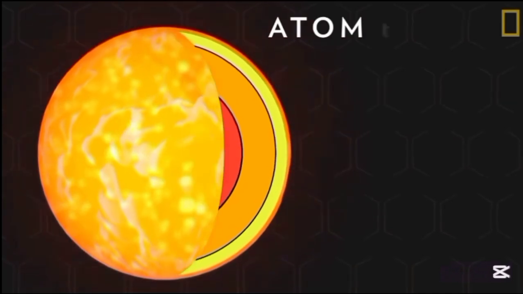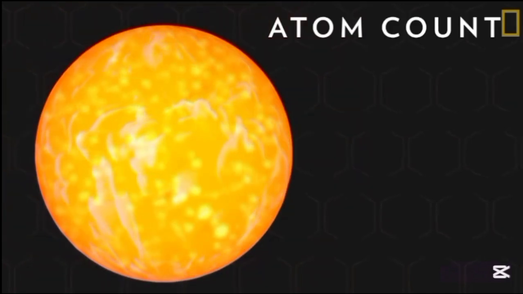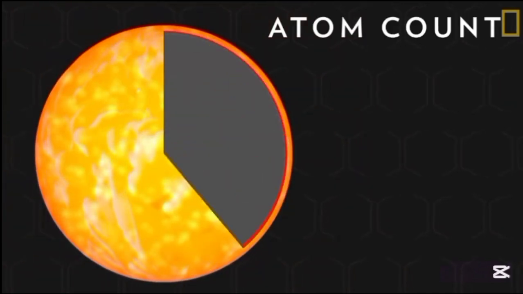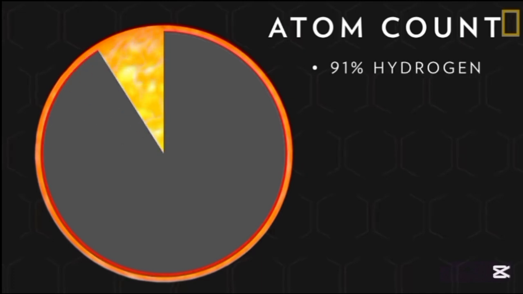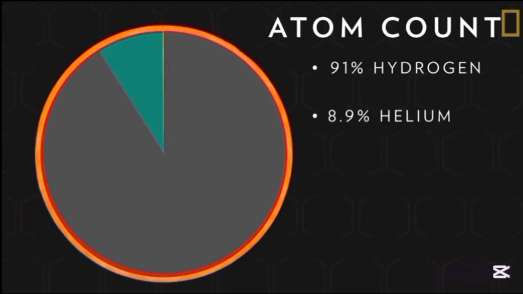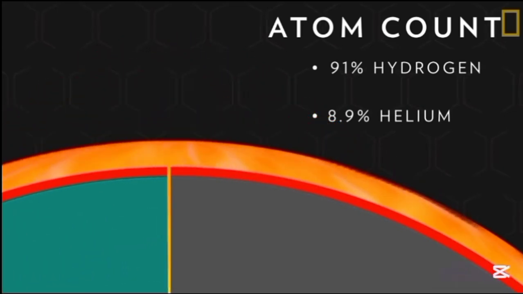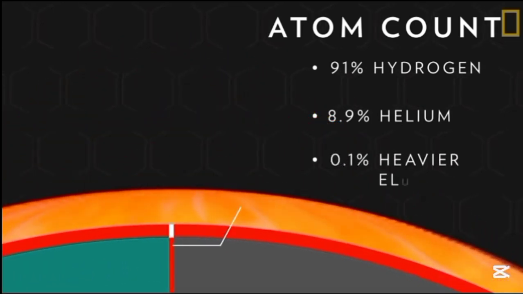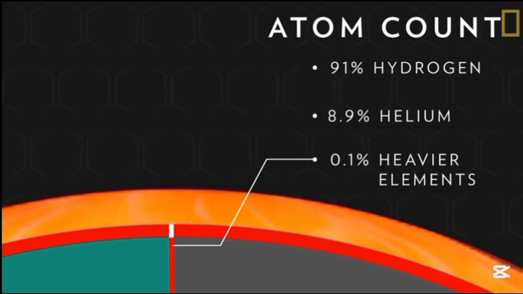Trying to get further into the atom count of the sun, it is clearly seen that 91% is made of hydrogen. That means that the other percentage, which is 8.9%, is made of helium, and not only that, 0.1% is made of heavier elements such as iron and others.